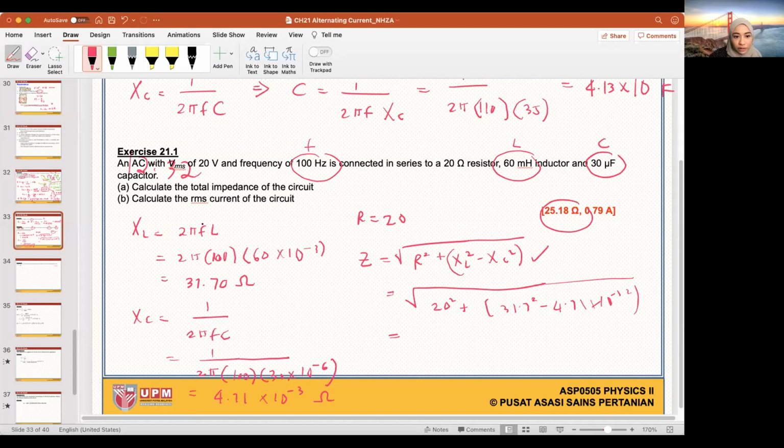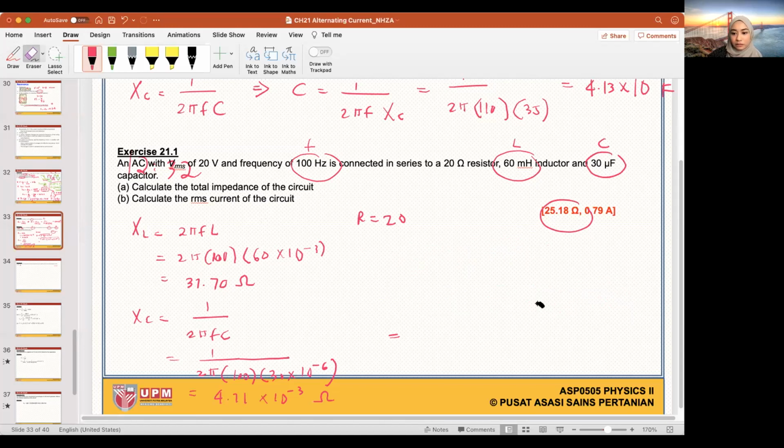Okay, so Farah is for B. Calculate IRMS. So Farah? For B, we use the equation IRMS equals VRMS over Z. Then IRMS equals 20 over 25.18.